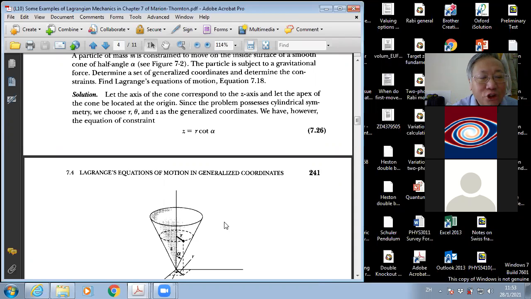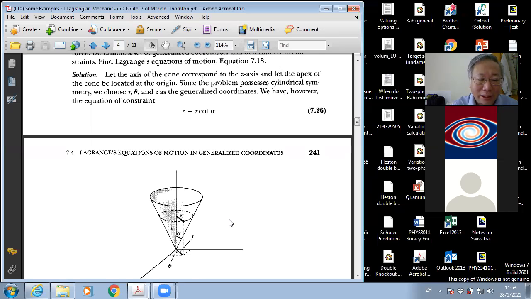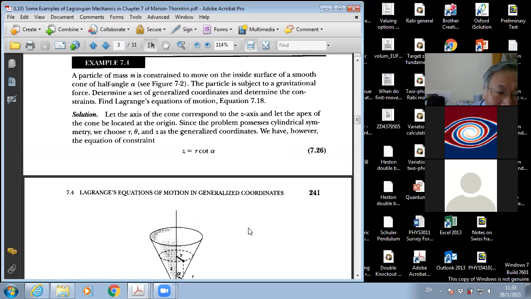Determine a set of generalized coordinates and determine the constraints. Find the Euler-Lagrange equation of motion. We concentrate here. Now that is the figure. The particle is moving smoothly on the inner surface of a smooth cone of half angle alpha.